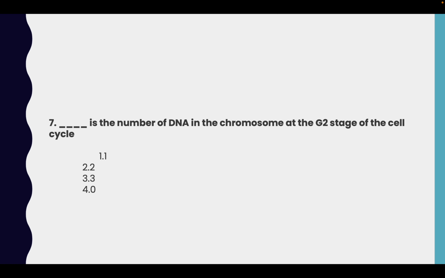Sure? At the G2 stage, the number of DNA molecules is 2, right? Because during the synthesis phase, DNA replication occurs, which results in each chromosome having two identical sister chromatids, meaning there are two DNA molecules per chromosome in the G2 phase. Okay? So, option 2 is the correct statement.